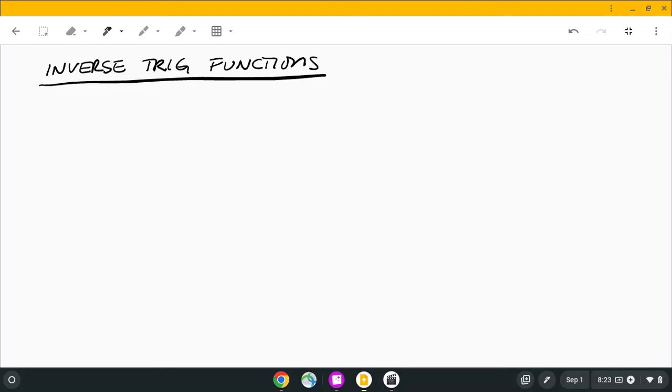But you haven't been asked to find a missing angle unless you have 2 of them known. Okay, so here we're going to look at that case. What if I don't know 2 of the angles? How do I find a missing angle? And that's where the inverse trig function comes into play.